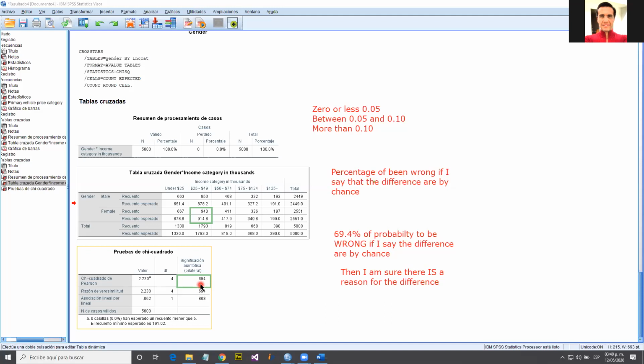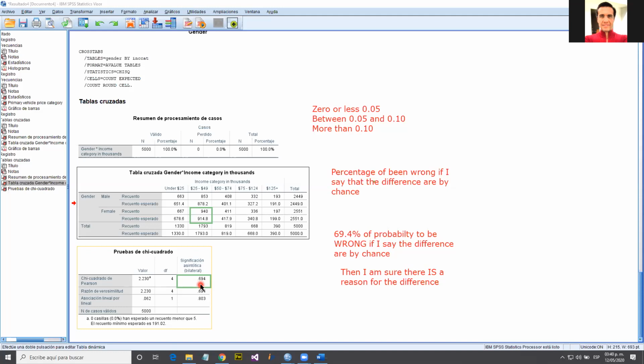Let me change this example. Just imagine that right now I do an analysis on the grades in the university. I know, and I'm completely sure, that women have better grades than men in average. I am not talking one by one. I am talking in average.